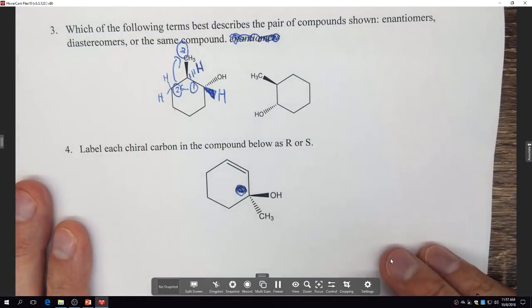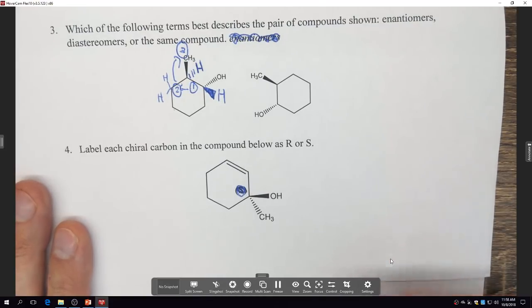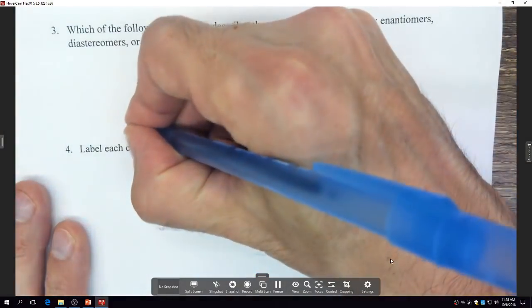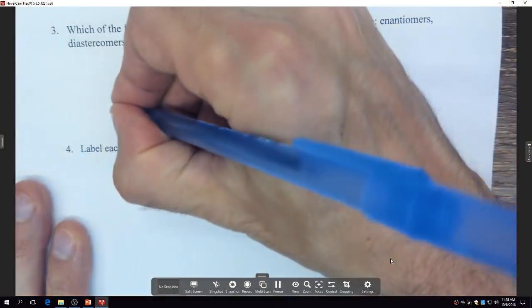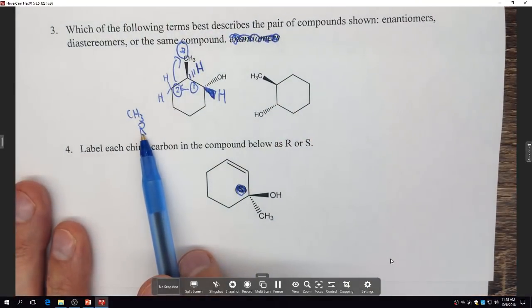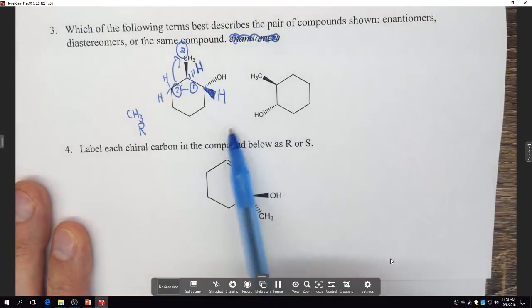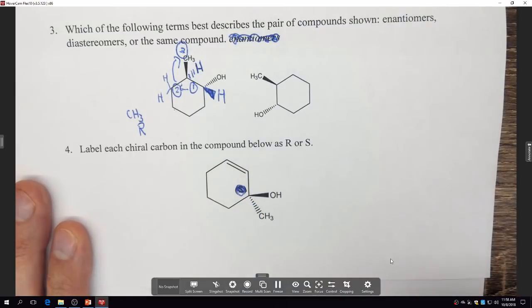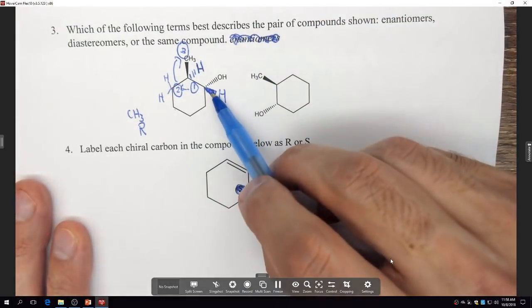Is that clockwise or counterclockwise? That's clockwise, the same as turning your car right with a steering wheel. So this carbon with the methyl group, which I'll label CH3, and I'll label the other one as the OH, is R. I should have mentioned these are both 2-methylcyclohexan-1-ol, so these are the same molecule. They're not constitutional isomers.